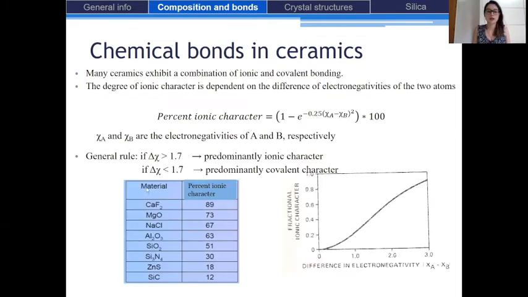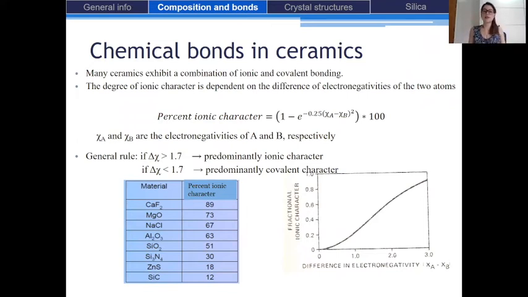So here you have different ceramic materials that are listed in this table with the percent ionic character calculated for all of them. So as you see, the fluorite has a high percent ionic character, and silica a much lower one, so 50% ionic character, 50% covalent character. Okay, and we find, for example, zinc sulfide that has a much more covalent character.